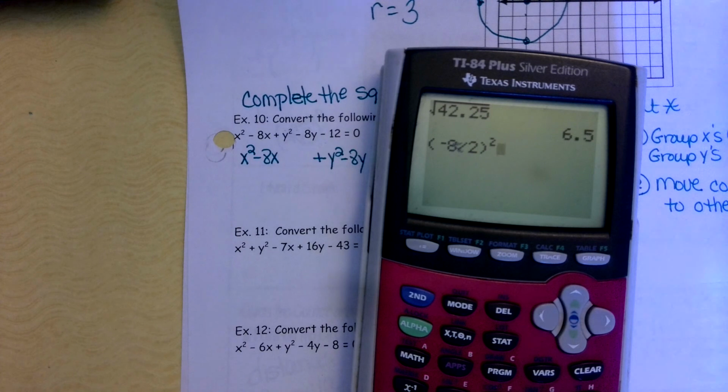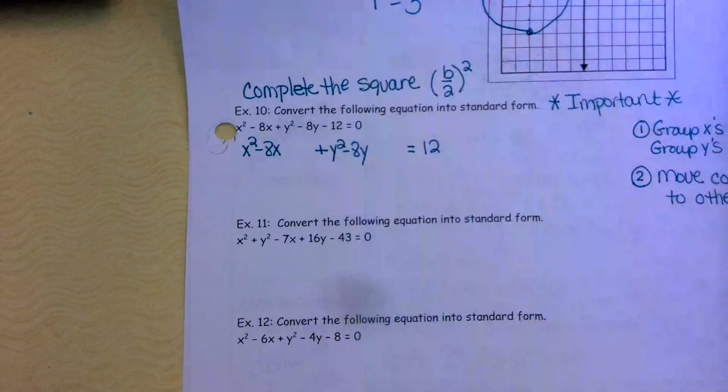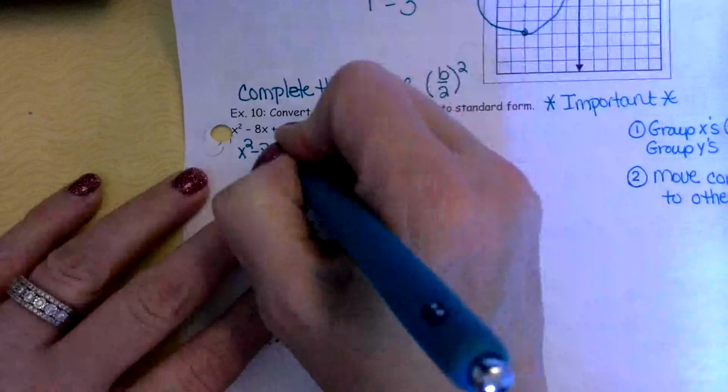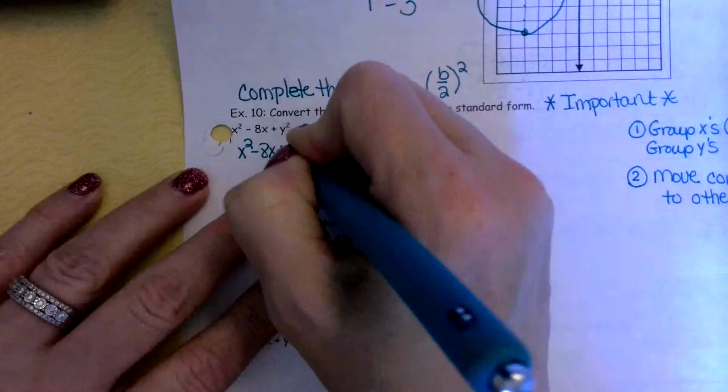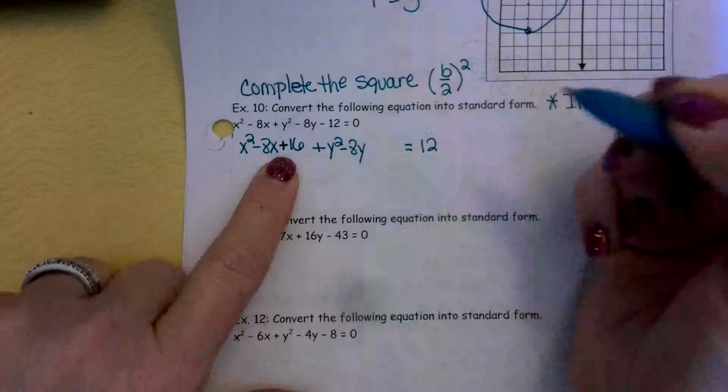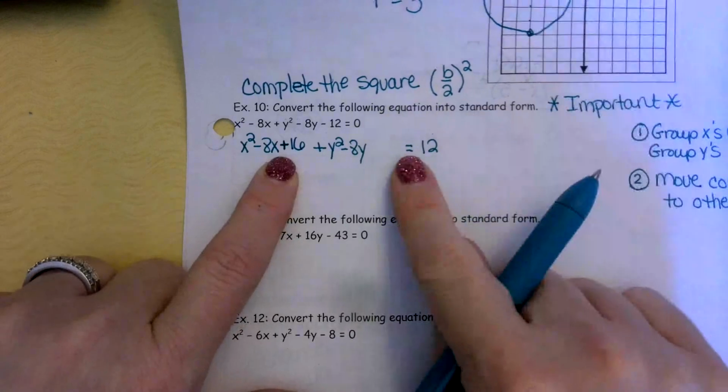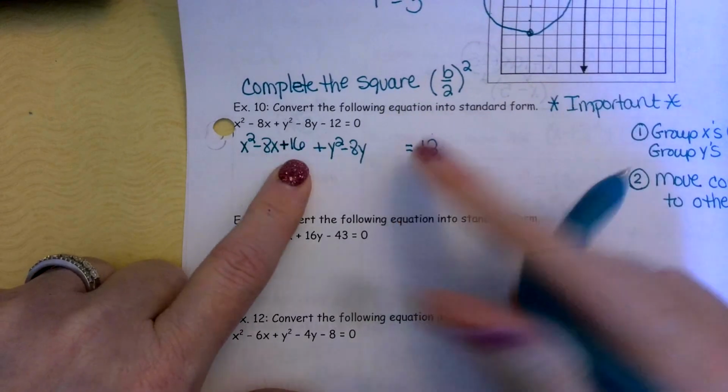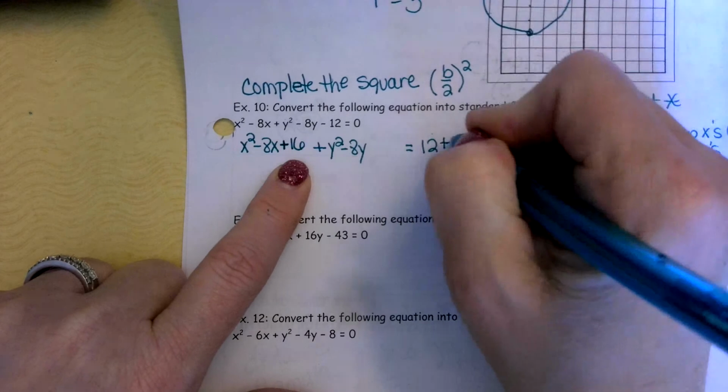You can literally get this answer quicker than it takes you to type it in your calculator. Okay, but you better use parentheses when you're doing that. All right, so it gives us 16. Now that 16 is going to be added right here. And in math, I have an equal sign. If I add something to the left, I have to add it to the right.